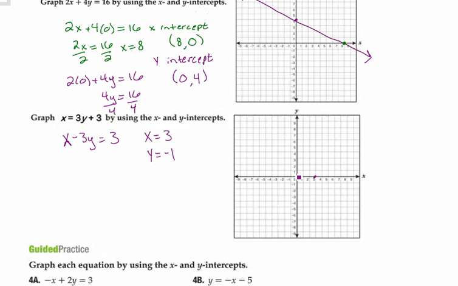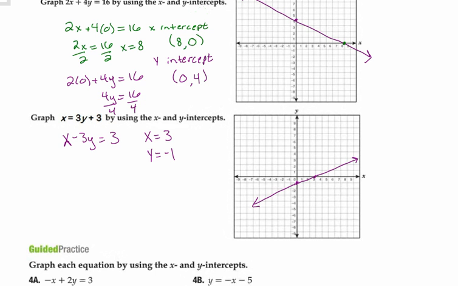Going back to 0, please realize that that is not the point 3, negative 1. That means that I have x equals 3, y equals negative 1. There's my 2 intercepts. I can go from there. So again, I call that just the quick cover and solve, doing a couple little steps in your brain.